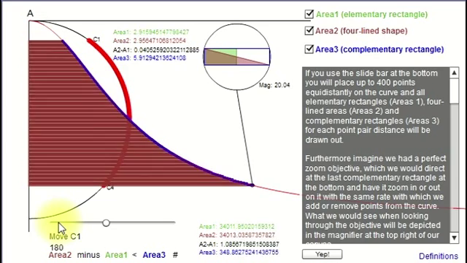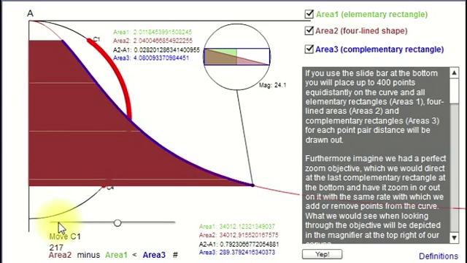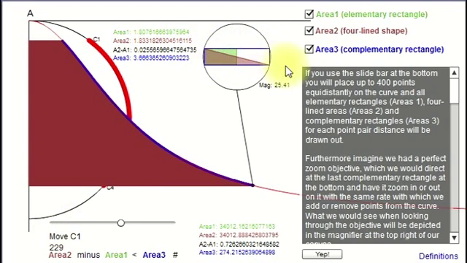I mean, 200 points around is not really a lot, but it's also enough to show the principle that these little complementary rectangles become already inconceivably small if you look at those being placed around the resecting figure.